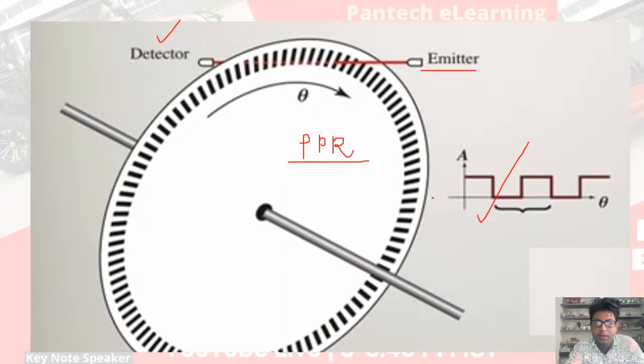So suppose this disc has 100 PPR. Once I obtain 100 pulses, then I will understand one rotation is completed.